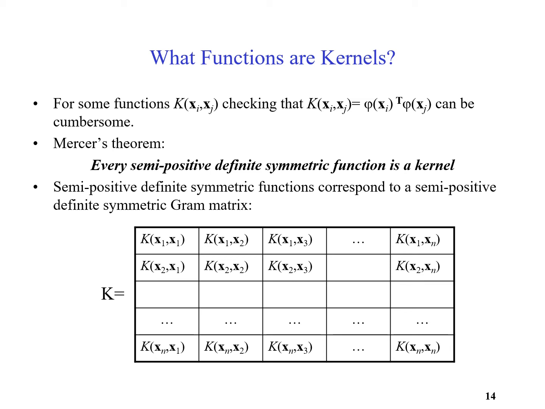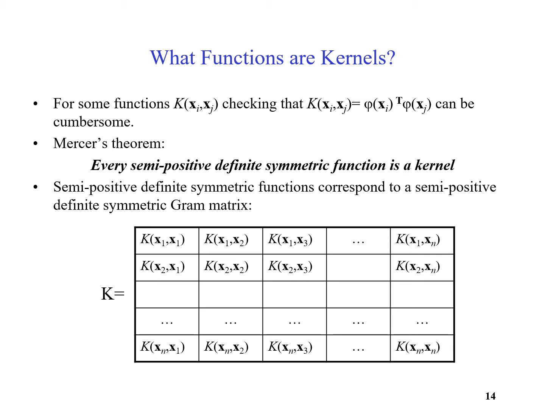The first is that the kernel function should be a similarity measure. So for two very similar data, the function value should be very high. That's the definition of similarity. And if you have two very different data, the function value should be very small, by definition of similarity. So that's the first condition.